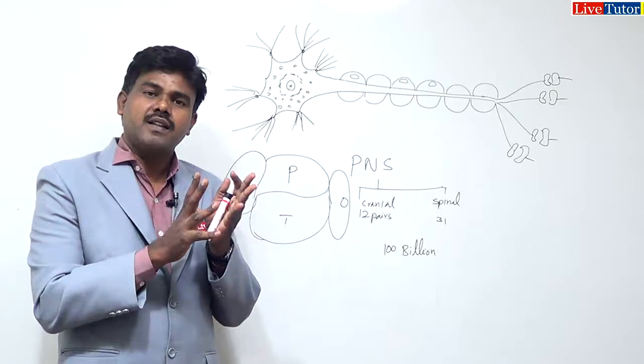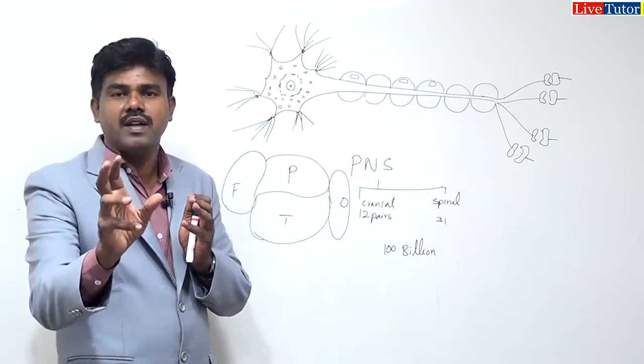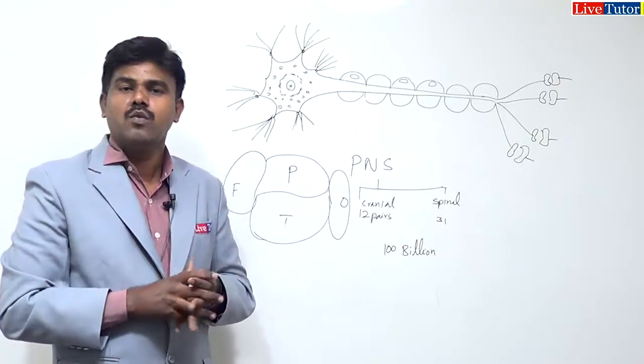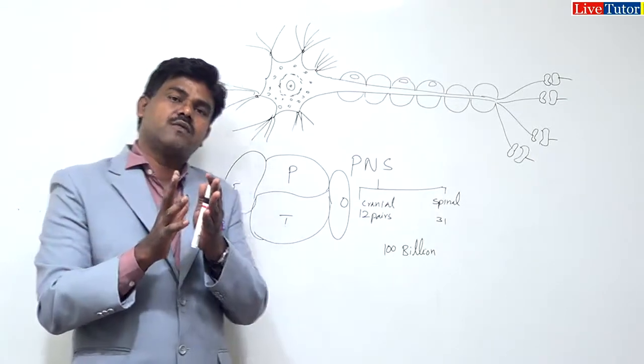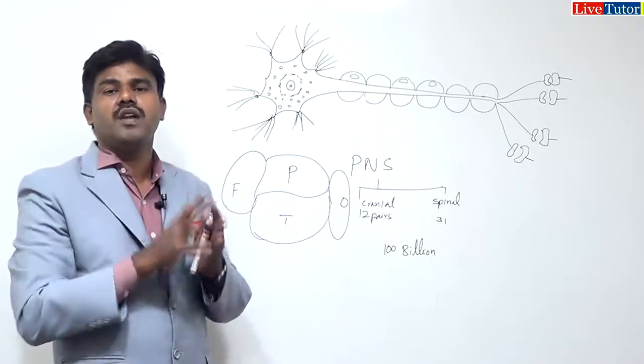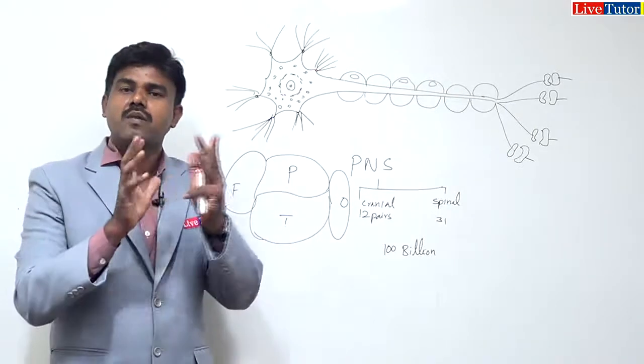Once the releasing factor is produced, it activates the pituitary gland to produce its hormones to induce the other glands. Once the inhibitory factor is released, it stops the pituitary hormones. So everything is controlled by the hypothalamus.